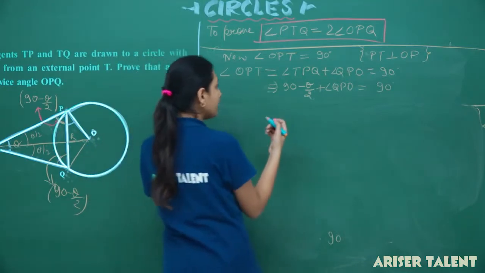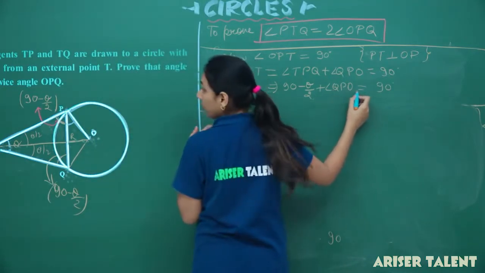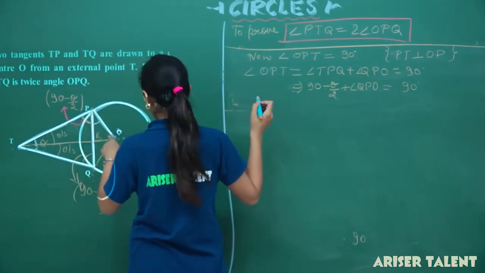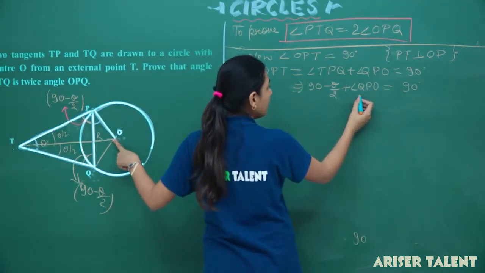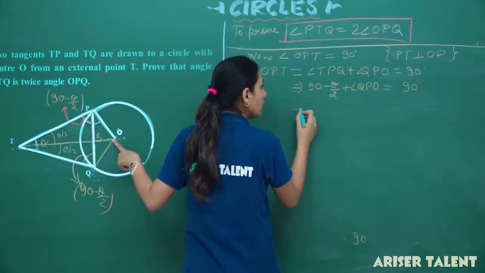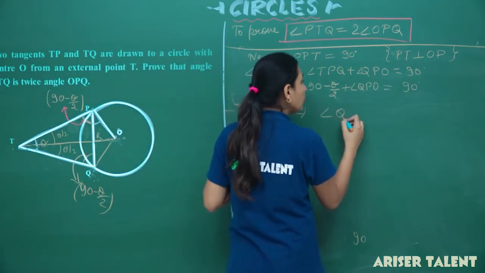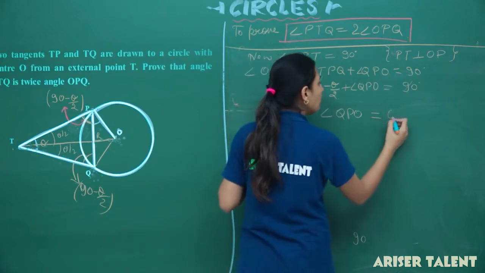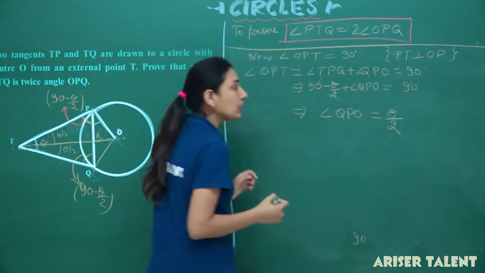Okay, students. This is the angle QPO that I have to find. Now I will find it in terms of this. So I can write angle QPO equals what? This will cancel out, leaving theta by 2. Now what is theta?